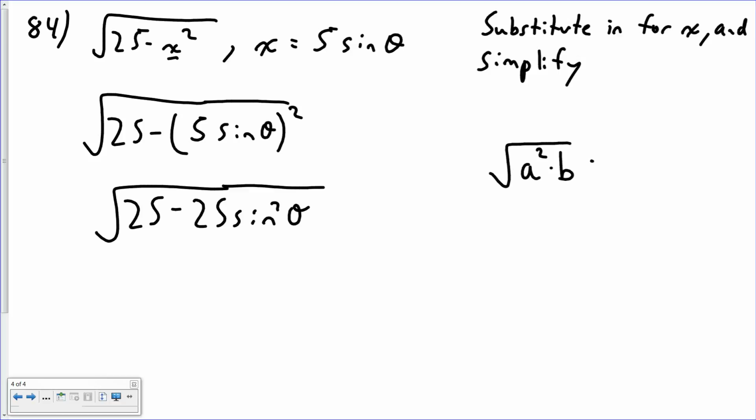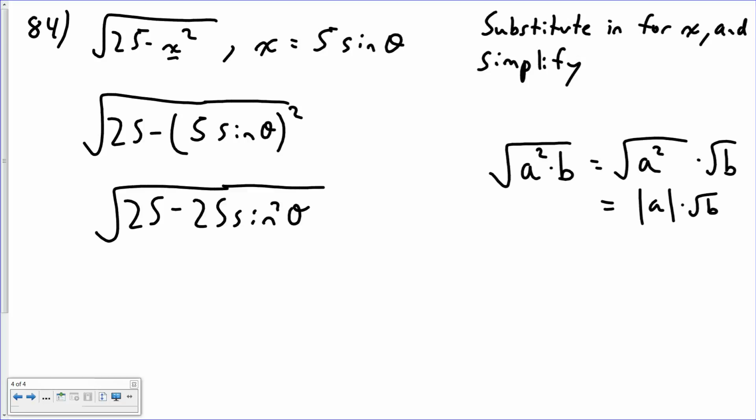It's the same thing as the square root of a squared times the square root of b, and that's going to equal the absolute value of a times the square root of b, which I'll talk about in a little bit on why that's absolute value. But the main part is you're looking for multiplication under the radical, so you can then pull out the variable or the number. If you're adding or subtracting, you can't do that.